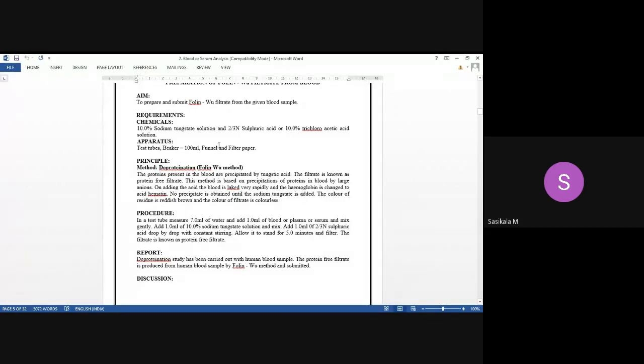So only adding acid, that is sulfuric acid, since as in acidic media only tungstate is added. So when you add only sulfuric acid, it will not be converted to precipitate, where hemoglobin is changed to only hematine. Where when the sodium tungstate is added, then the color of residue is reddish brown and the color of filtrate is colorless is obtained.